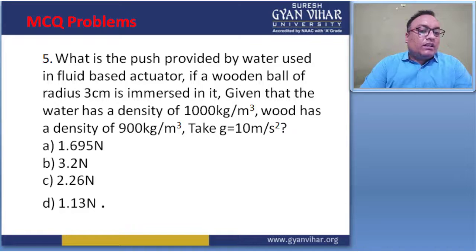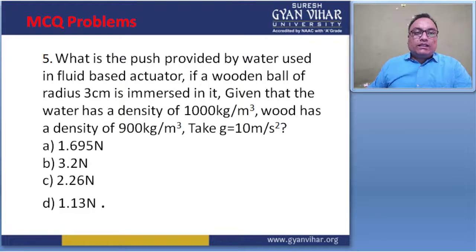So what is the correct answer for this question? Four options are given: 1.695, 3.2 Newton, 2.26 Newton, and 1.13 Newton. So D is the correct answer for this question, 1.13 Newton.